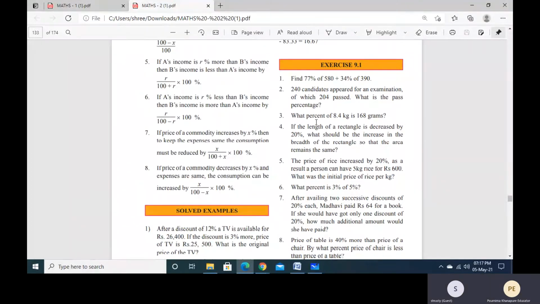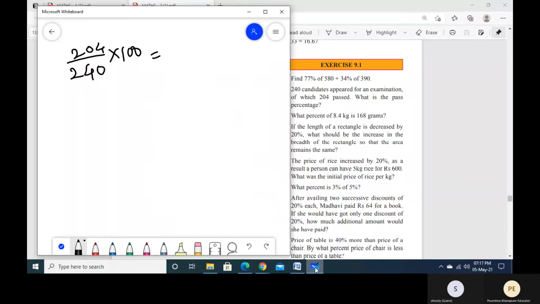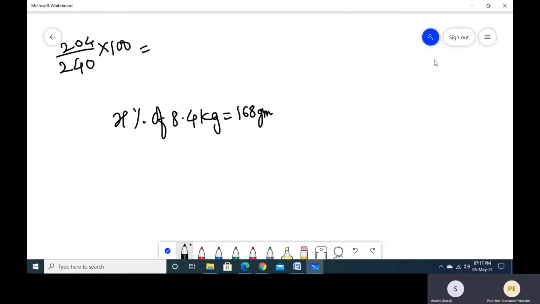Okay. What percent of 8.4 kg is 168 grams? What percent are they asking? So we just take that percent as x. x percent of 8.4 kg is equal to 168 grams. We have to convert this.